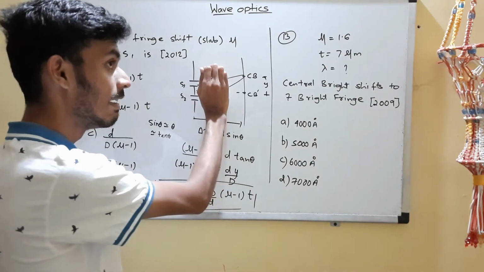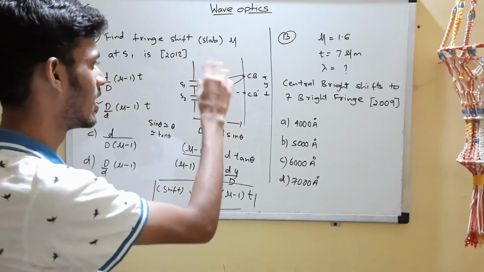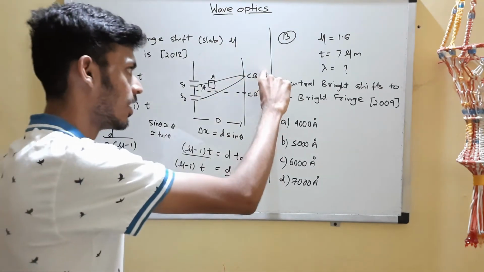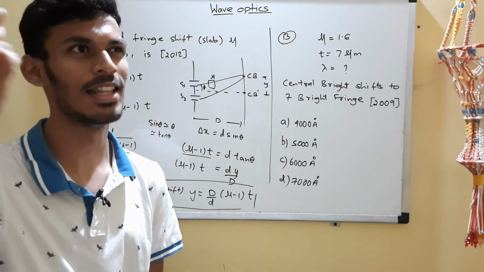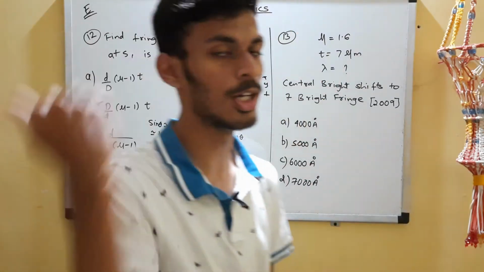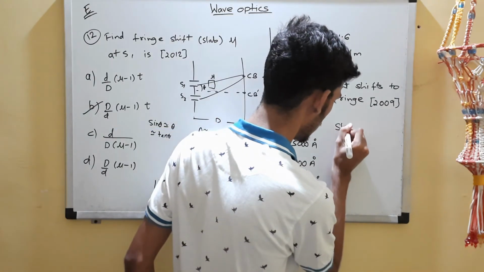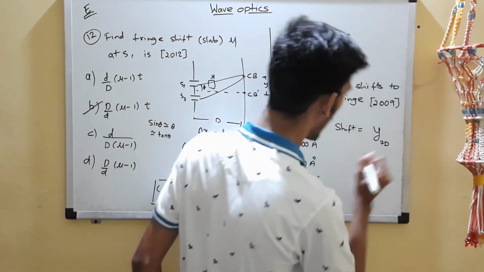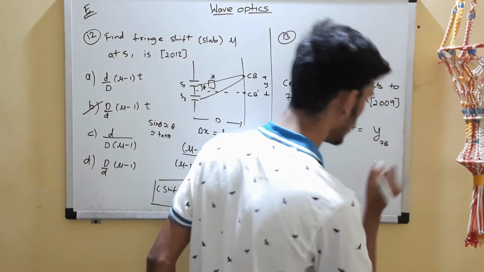But when they did it with the slab, now they introduce a slab in this experiment, the central bright shifted. Now this shift was equal to the position where the seventh bright fringe was there in the original experiment. So basically what they are saying is that the shift will be equal to the position of the seventh bright fringe.